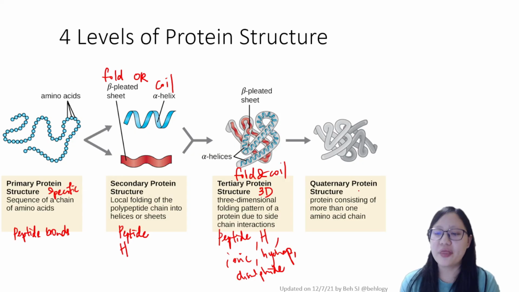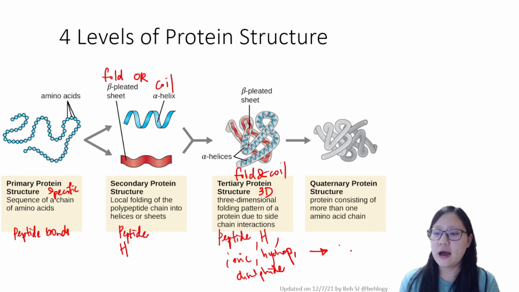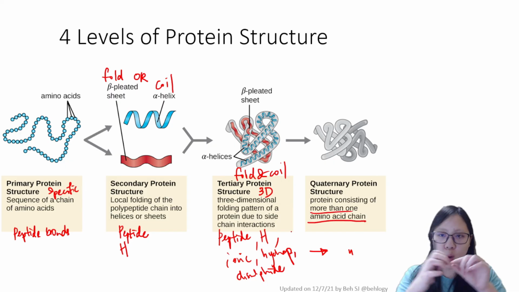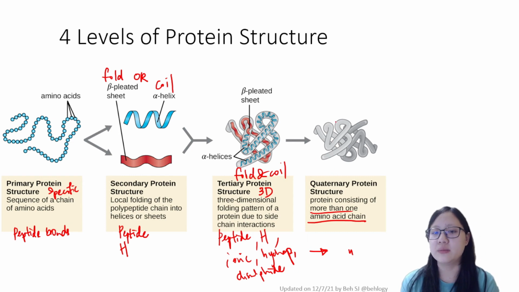Now, what happens in the quaternary protein structure? Quaternary protein will also have all the bonds, just like tertiary protein structure, but with the addition of more than one amino acid chain. So far we're just talking about one polypeptide. This is more than one polypeptide.